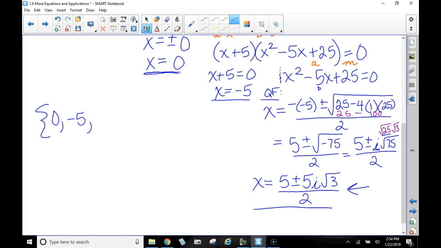And you'll notice we have complex conjugate solutions here. The first one is 5 halves plus 5 square root of 3 over 2 i. And the last one is 5 halves minus 5 square root of 3 over 2 i.